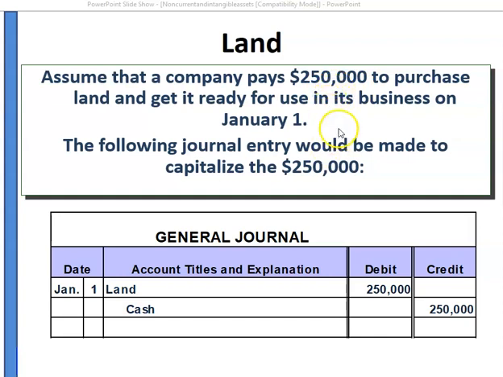And we don't know exactly what they paid, but all-in cost is $250,000. So land as an asset has gone up $250,000 with the debit. Cash has gone down $250,000 with a credit. And so the impact on owner's equity, in case you were wondering, would be nothing.